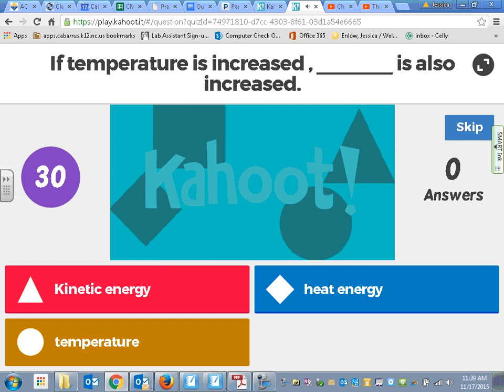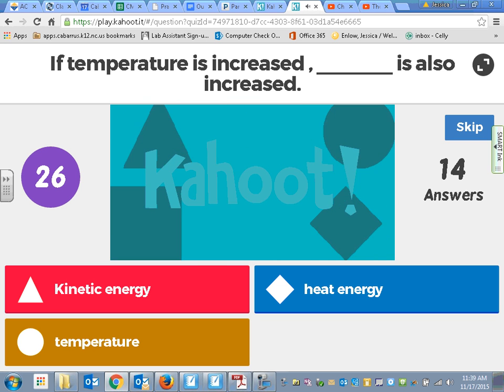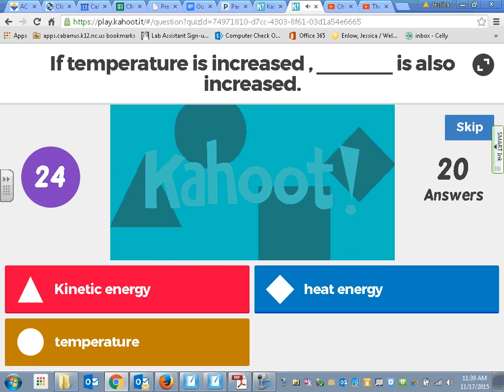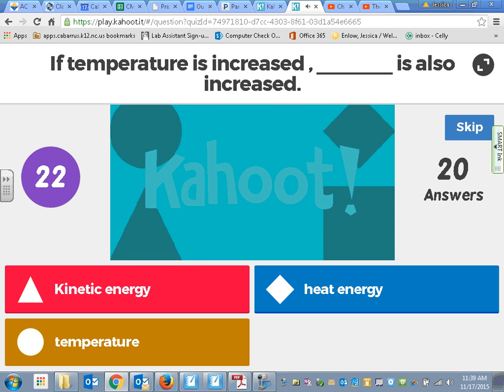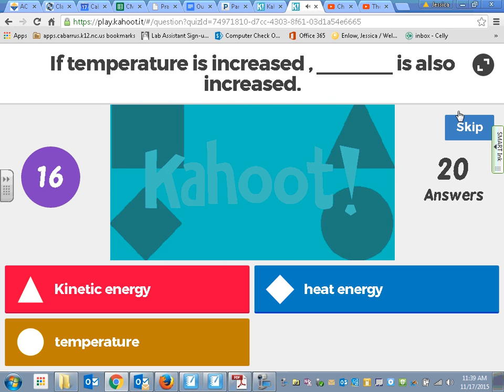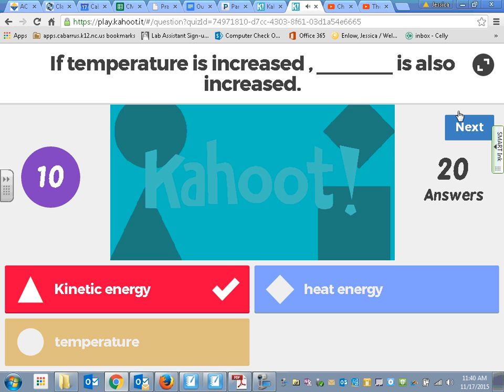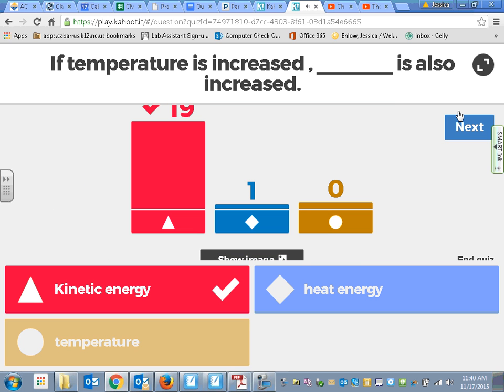Think about definitions. That's more right. Yeah, kinetic energy.